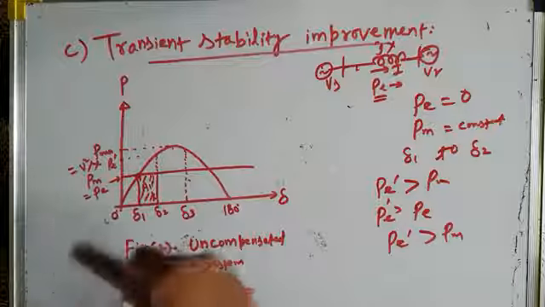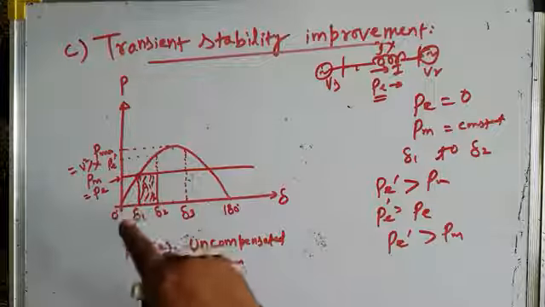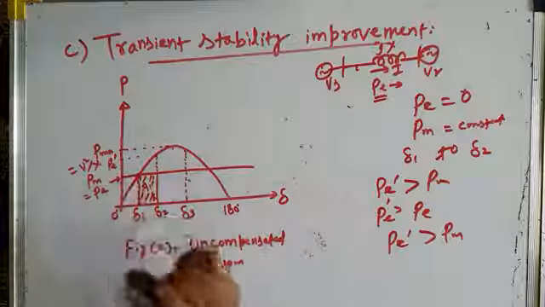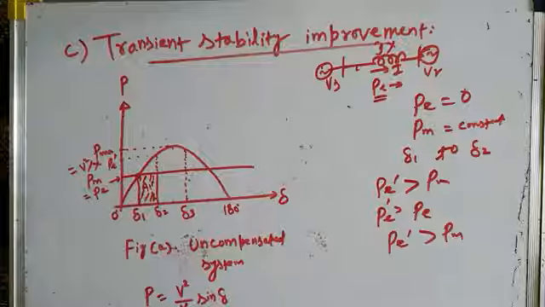So it will store the energy, kinetic energy, and that will be represented by this area A1. This is the stored kinetic energy or accelerating kinetic energy.